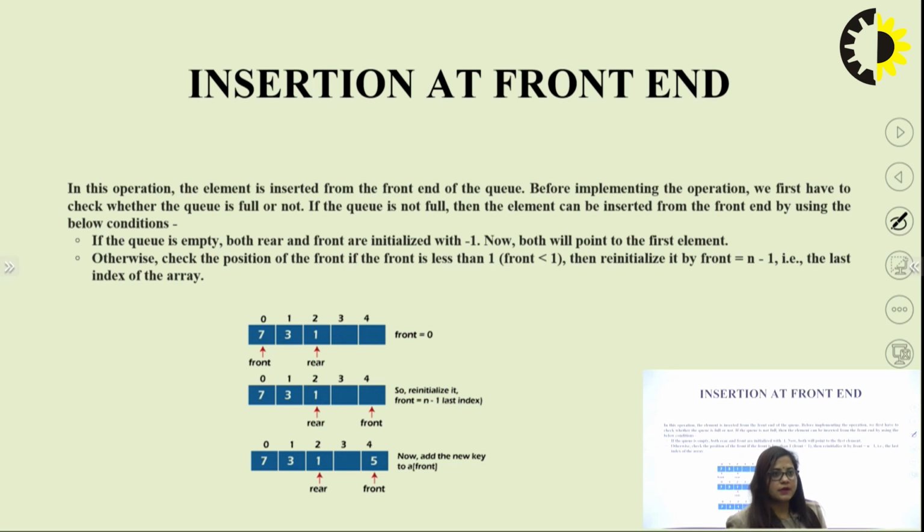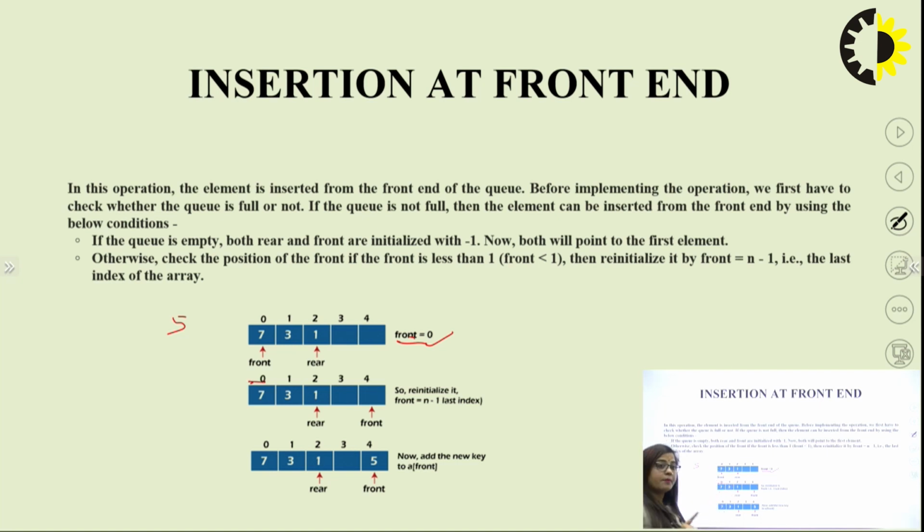Now the first operation is insertion at the front. Let's suppose we have a queue with indices 0, 1, 2 according to the array, and 7 is the front value, with front equal to 0. Now you want to insert 5 at the front end, but it is already filled, so it does not work.